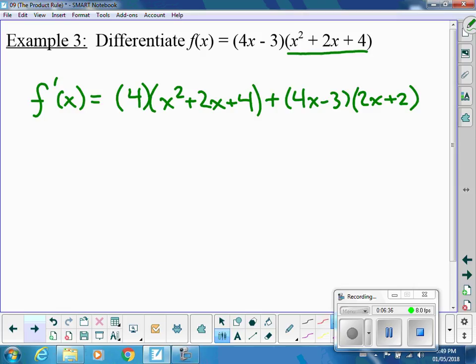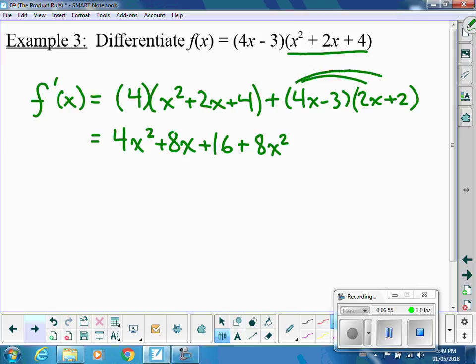Now we just have to expand and simplify. I've got 4x squared plus 8x plus 16, plus 8x squared plus 8x minus 6x minus 6.